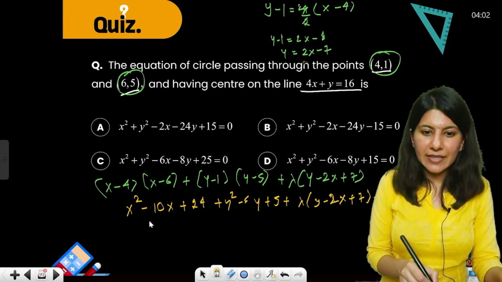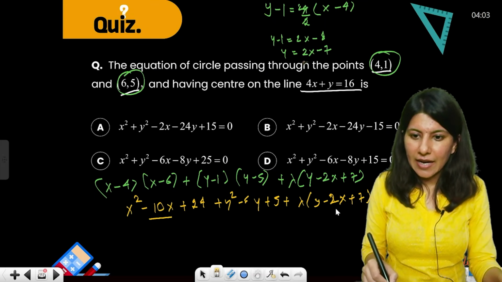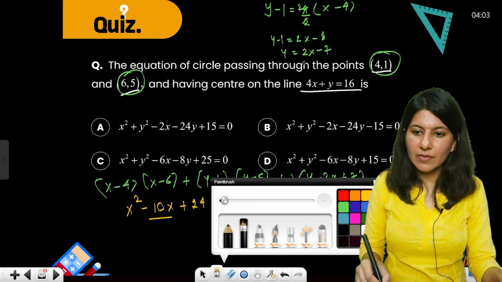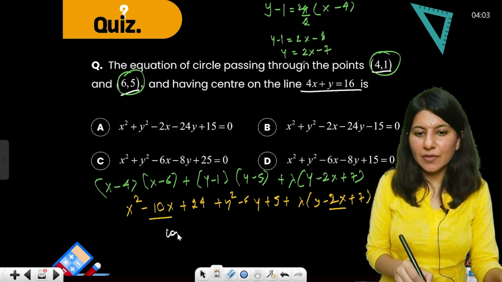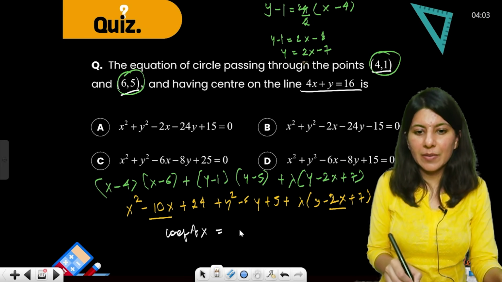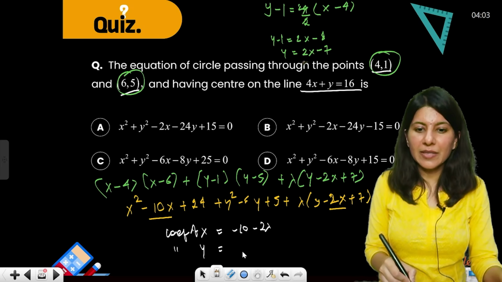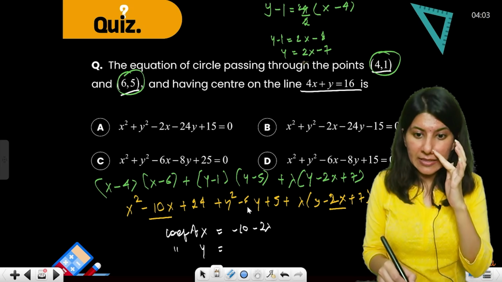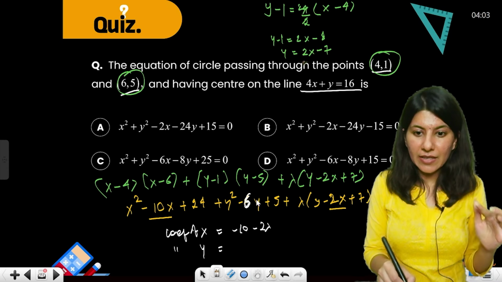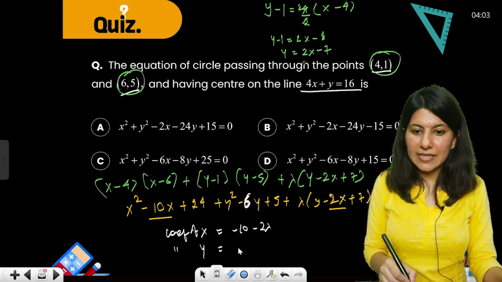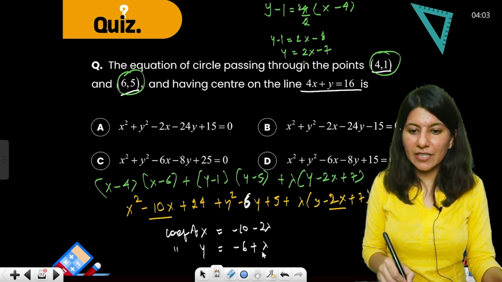The coefficient of x will be minus 10 minus 2 lambda. The coefficient of y will be minus 6 plus lambda. Correct or not? Tell me.